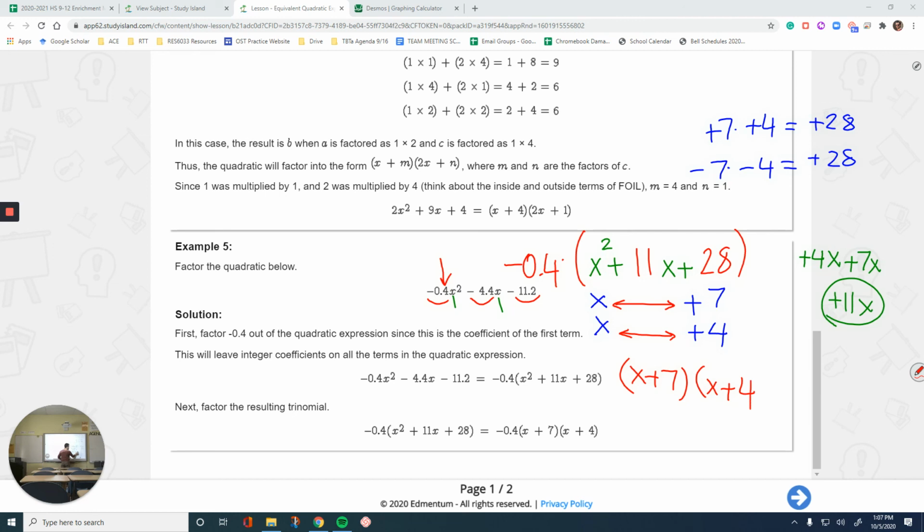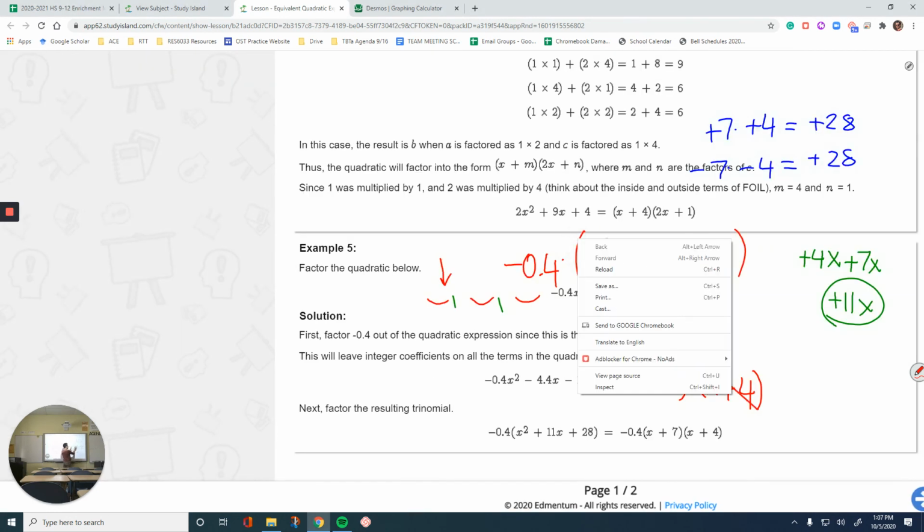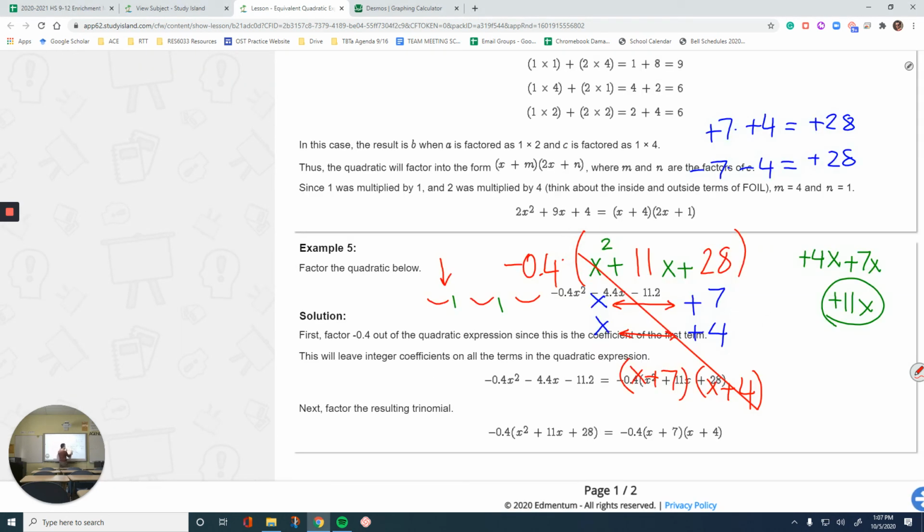And then remember, outside of the parentheses, because all I am doing in here is simplifying what I have in the parentheses, we have negative 0.4. Negative 0.4.